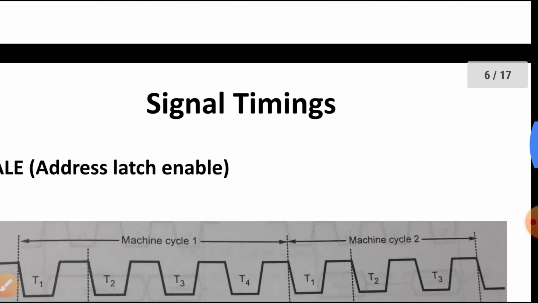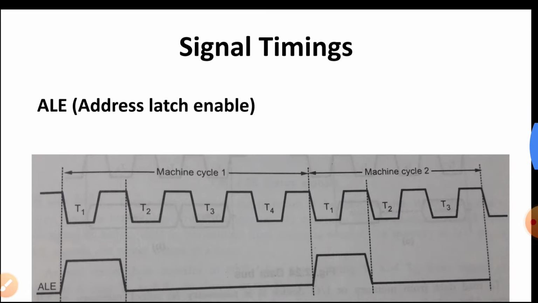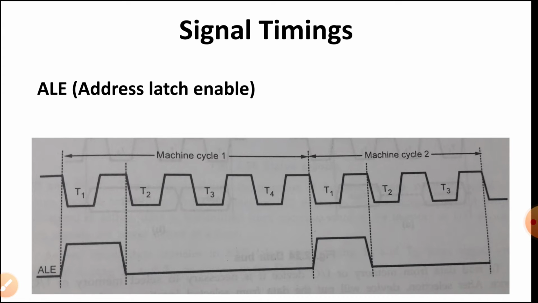Now, the signal timing. We have many operations which have to be performed while reading or writing, whatever the processor is going to do, and one of the important signal lines required to fetch or read the memory or the input output device is the ALE. ALE stands for address latch enable signal, and this signal is active high.